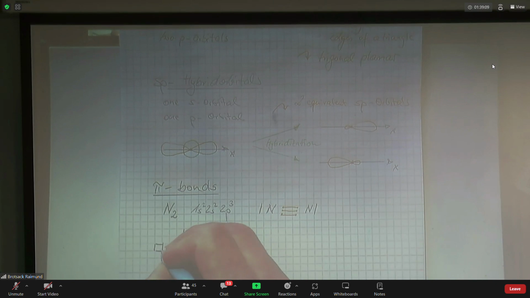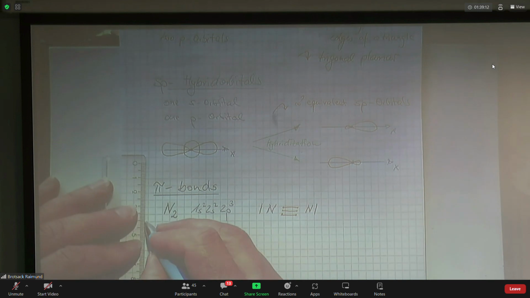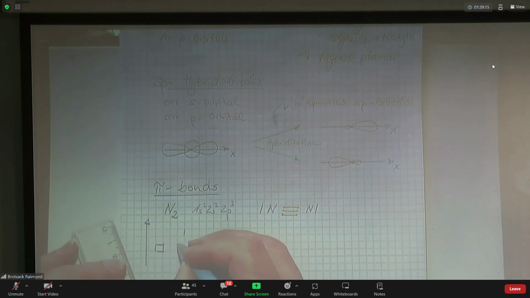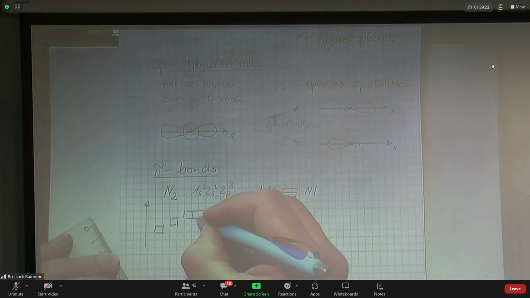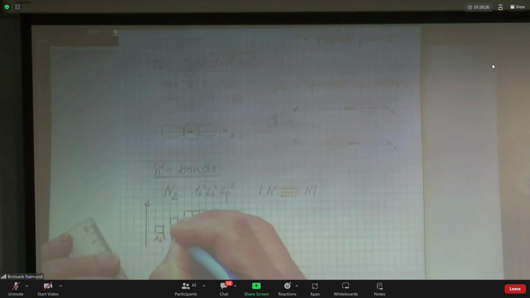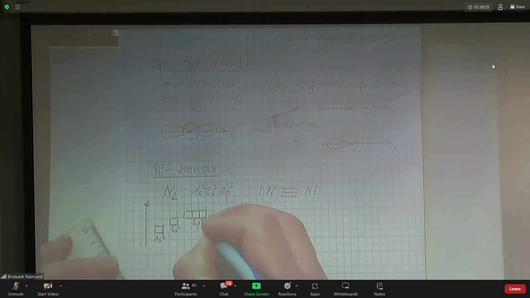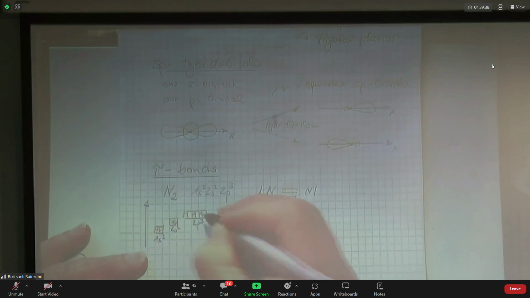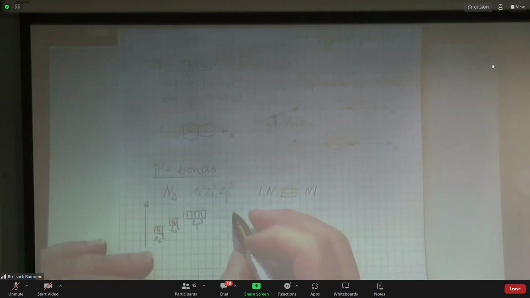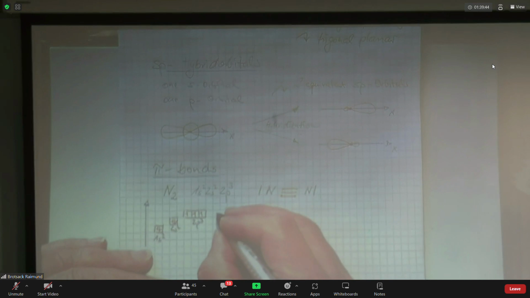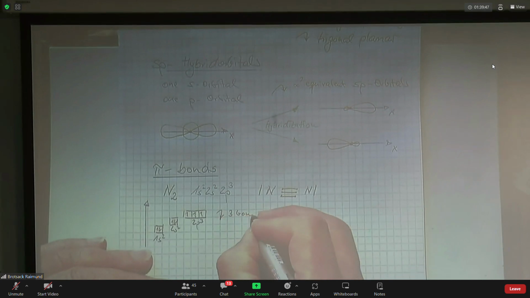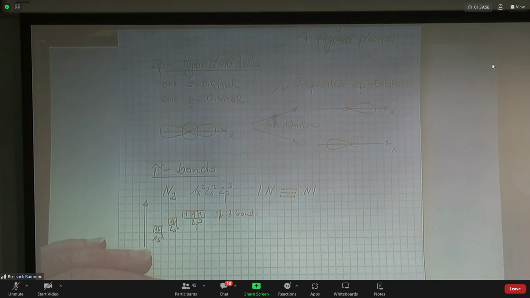We have the 1s, we have the 2s, and we have the 2p. 1s2, 2s2, and 2p3. That means now we have full, and we have 3 electrons in the 2p level. So we can create 3 bonds. And that is what we see. We have 3 bonds, 1, 2, 3.